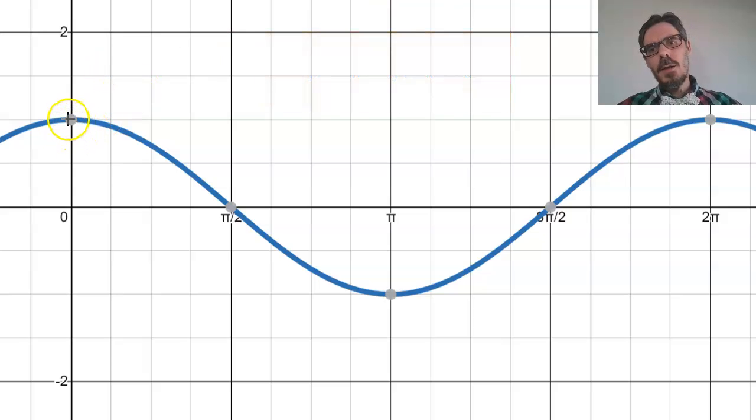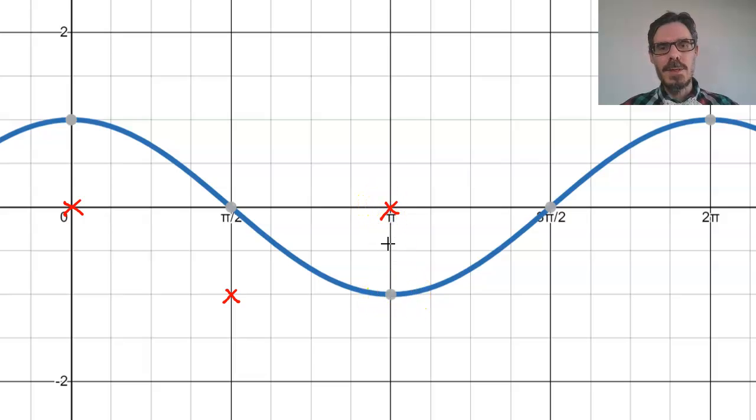Okay, let's have a look here. This point, the y-coordinate is 1, but that's not what I'm interested in. What I'm interested in is the slope. The slope here is 0. The slope here is going downwards at -1. What about this one? The slope here is 0.